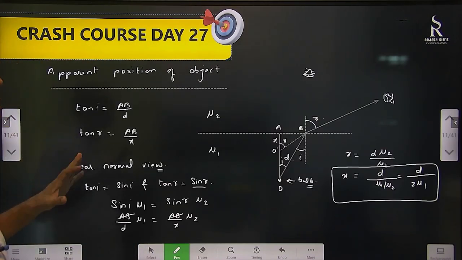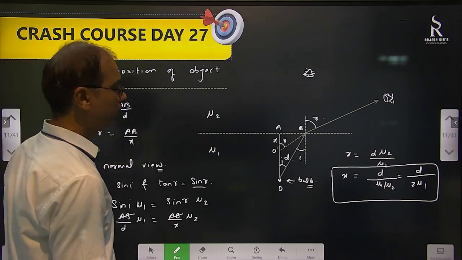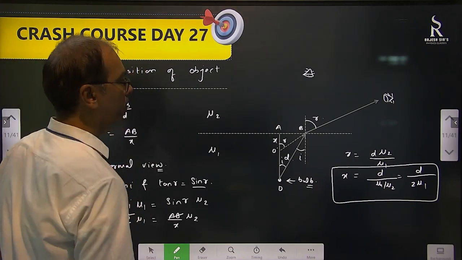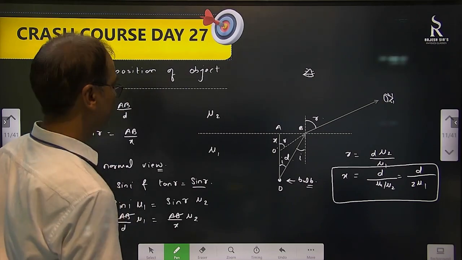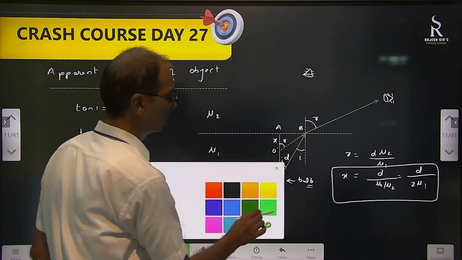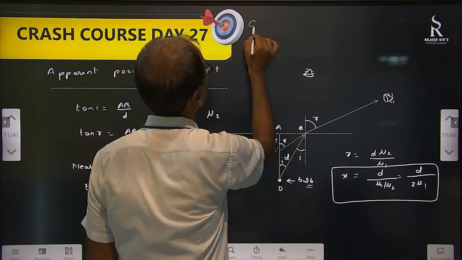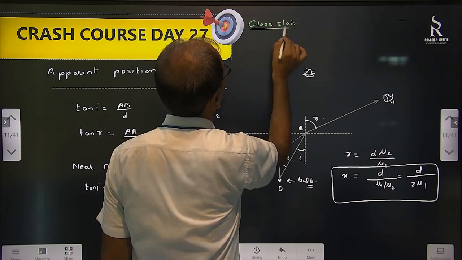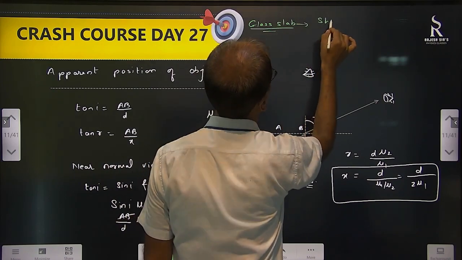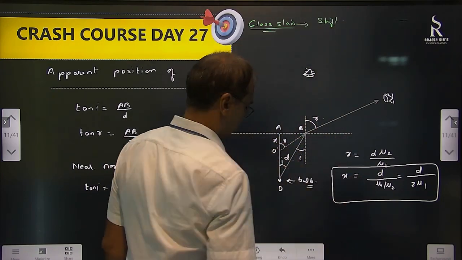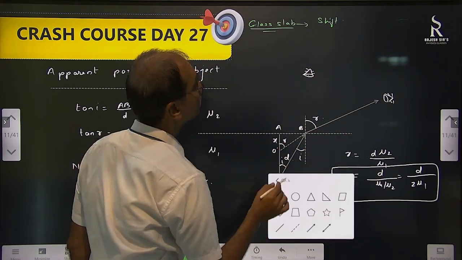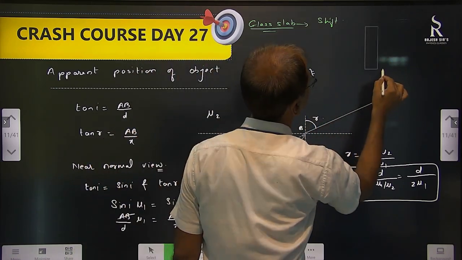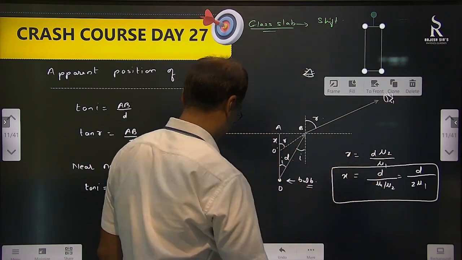So now once you know the apparent position, we should do it for a glass slab also. Okay, so here if you can make a place for the glass slab. How much shift is produced by a glass slab, that we will see. So this is a glass slab.